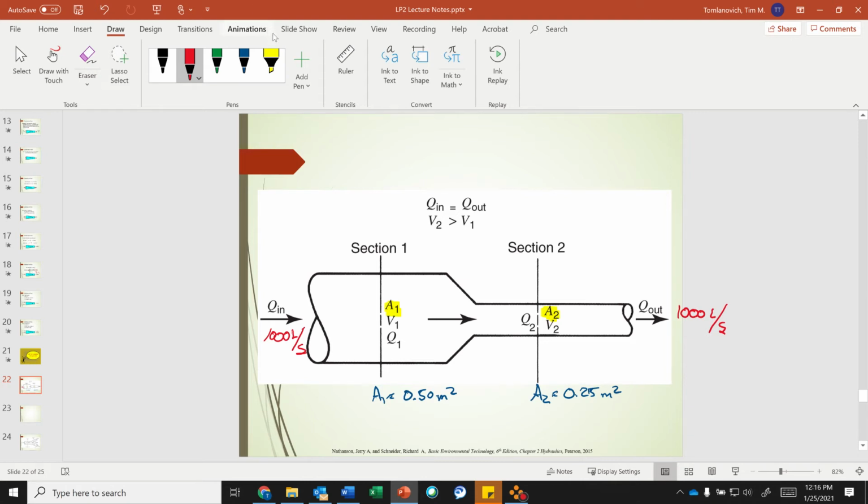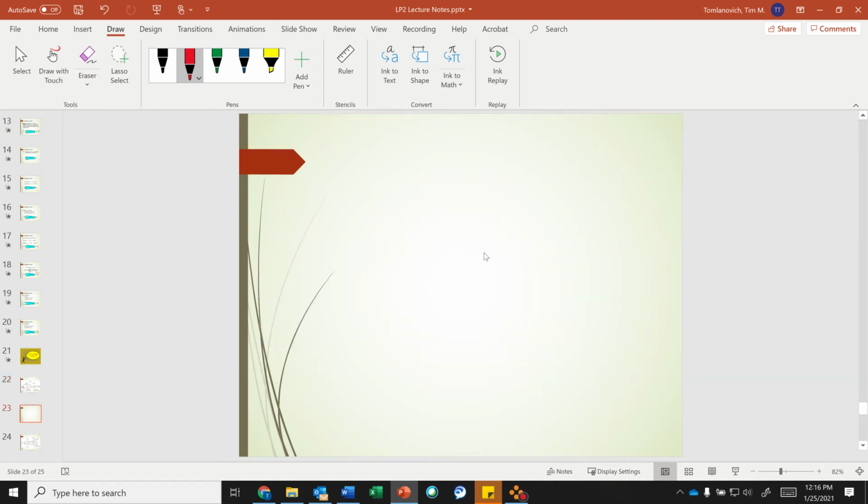So we'll go back and forth to this. We need to find V1 and V2. Now Q1 equals Q2. Let's do some math here. We have the areas, so I'm going to write the formula out first: Q equals A1 times V1 equals A2 times V2.